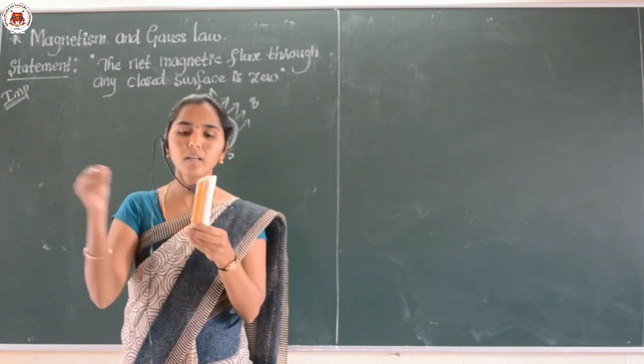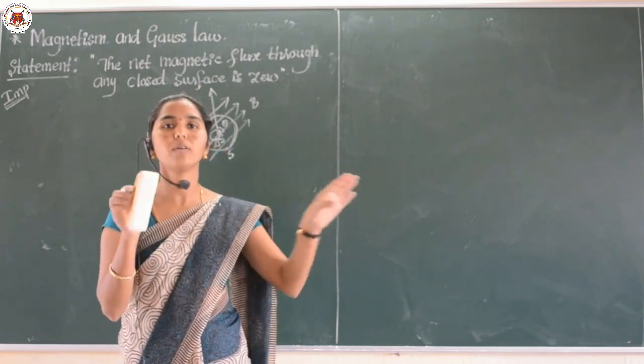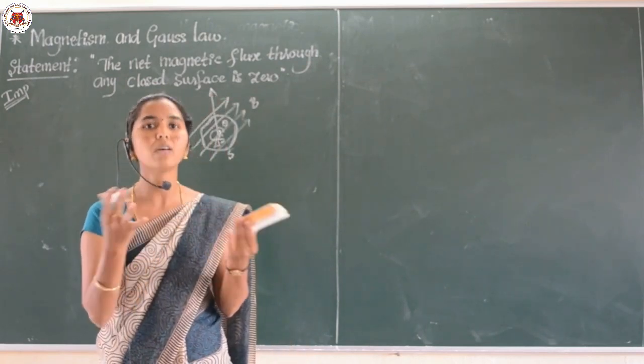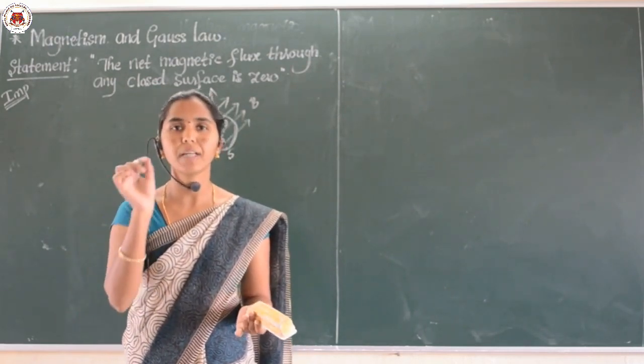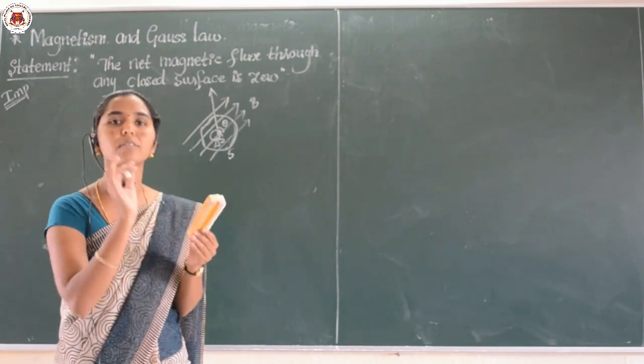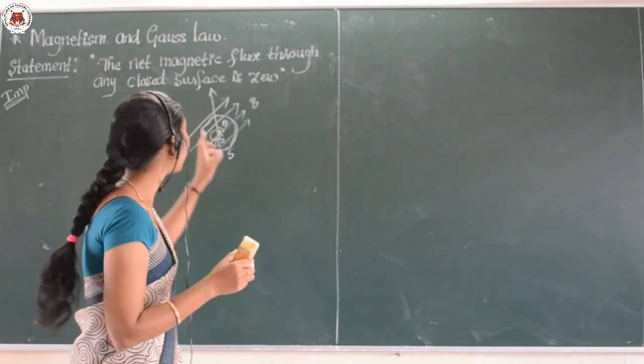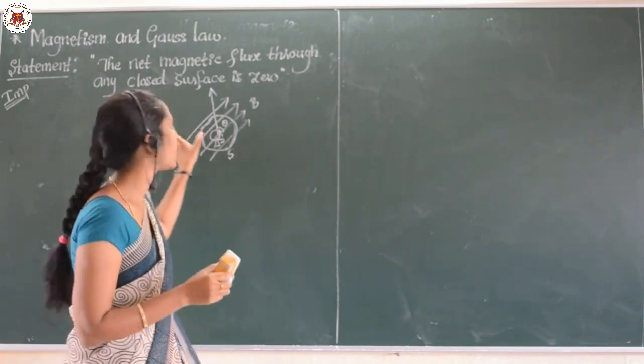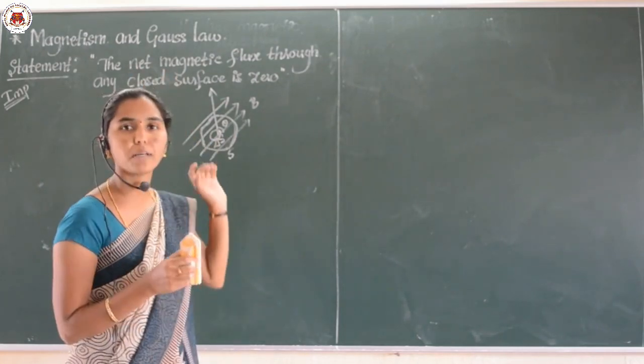That is why how many are entering and how many are going, both will be equal. Then what is the flux? Is any flux remaining here? No flux is remaining. That is why through any closed surface, the net magnetic flux is 0. That is the statement of the Gauss law in magnetism.